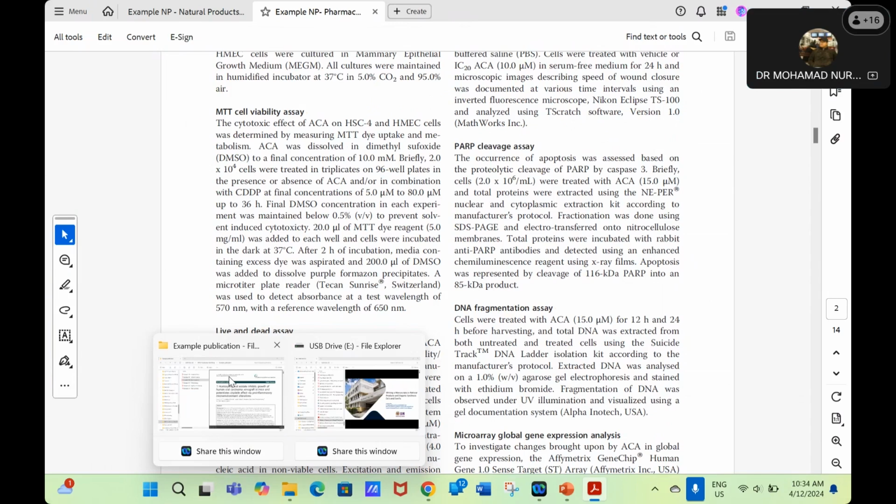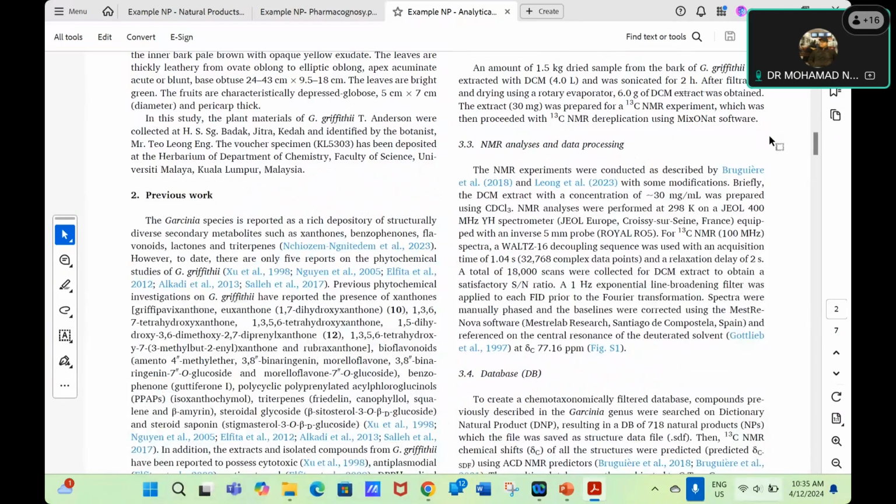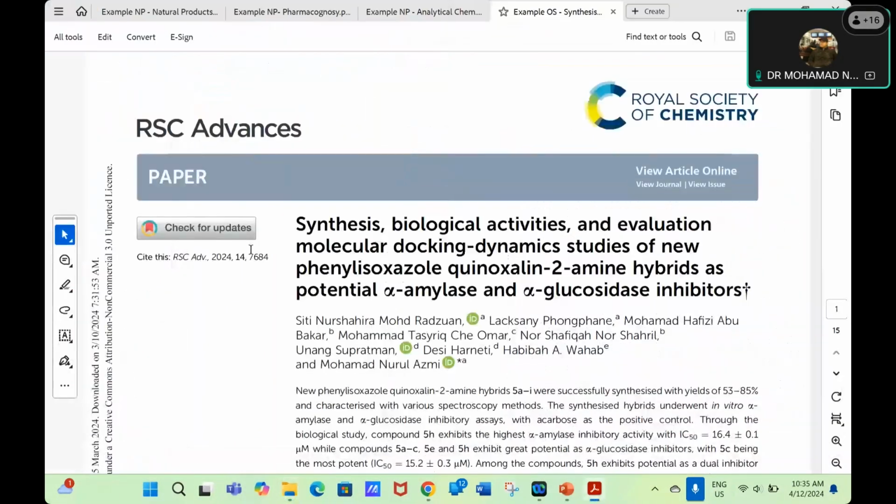Okay, so next, what we have in our examples here is synthesis and biological activities. I just take an example by Shira. She is doing phenyl isoxazole quinoline hybrids.